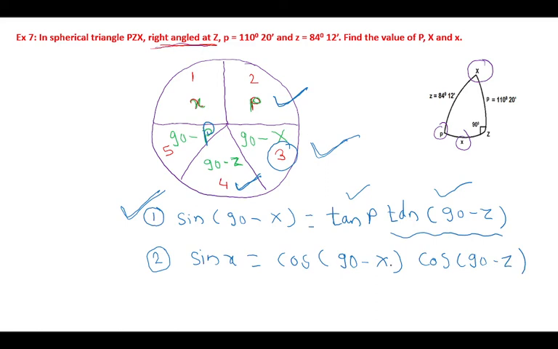Now cos of 90 minus capital X becomes sine of capital X, and this becomes sine of small z. So we get the sin x value, but remember sin x creates an ambiguity, and to solve that ambiguity we should use the same affection criteria. So by this formula we can get small x.